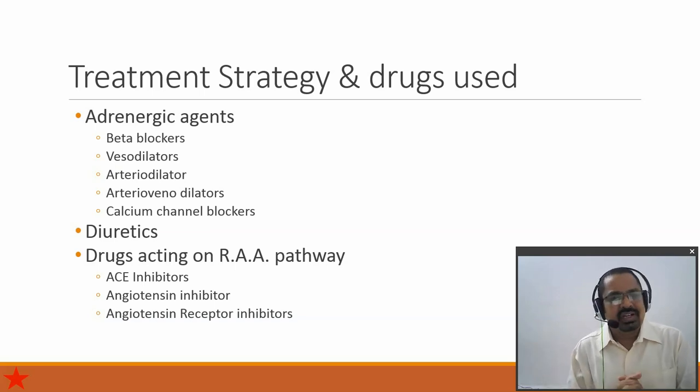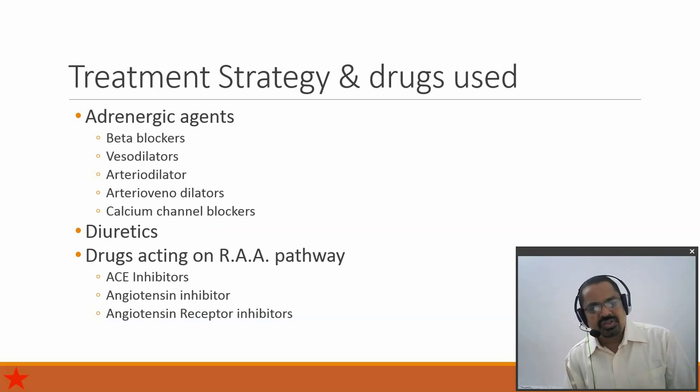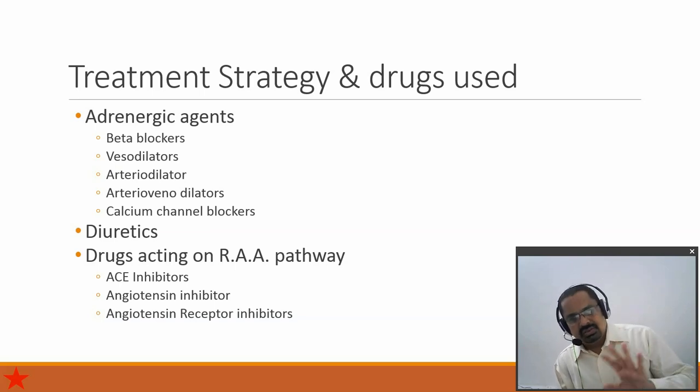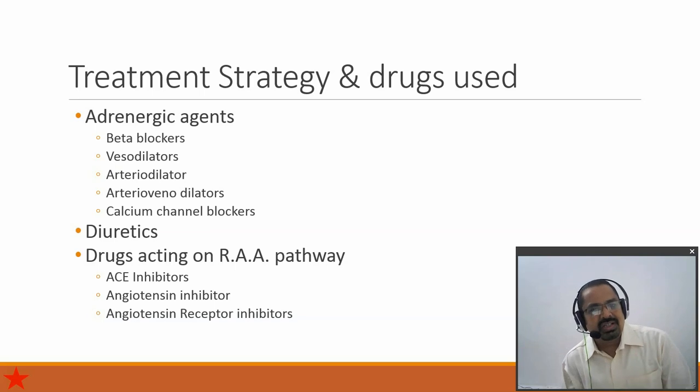So how do you treat it? These are the treatment strategies and drugs used in the treatment of CHF. First of all, to treat the hypertension and related problems, we will use adrenergic agents: beta blockers, vasodilators, arteriovasodilators, and calcium channel blockers. Diuretics will be used to remove the accumulated fluid.